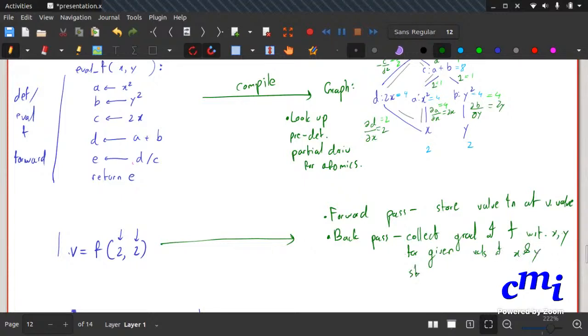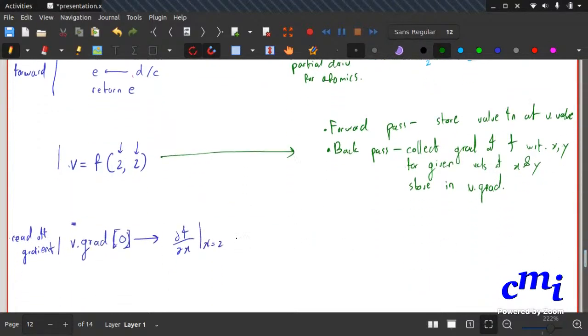And then we store that in v.grad, right? This is essentially what is happening in the backend. So finally, when you want a gradient, you just read off the gradient, right?